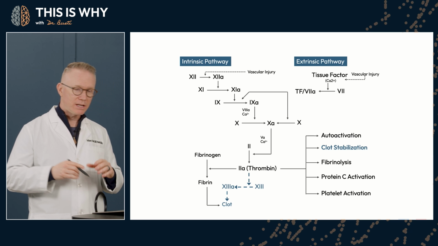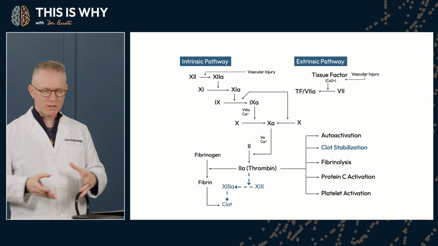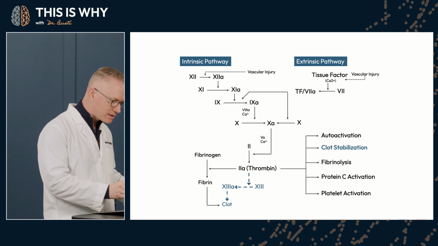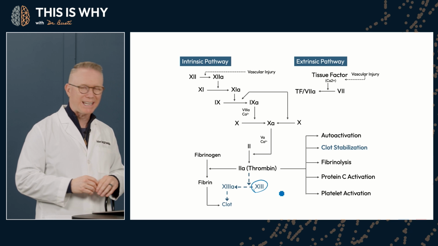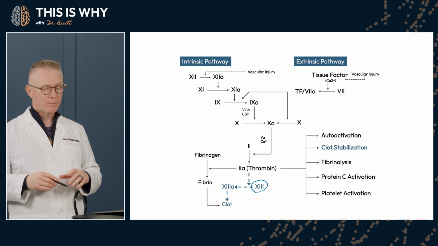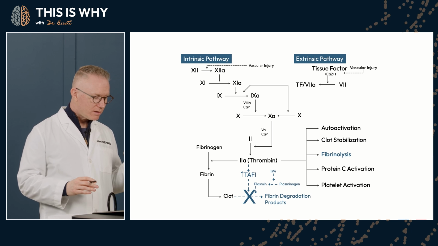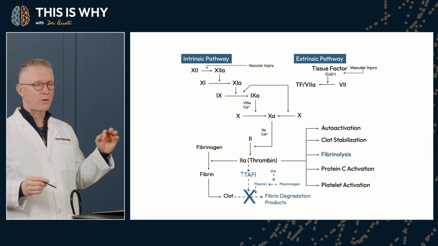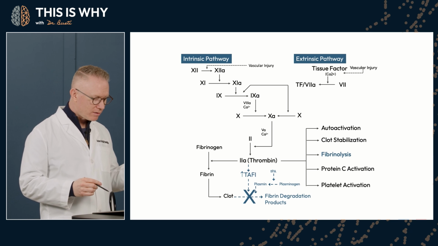Now, what about its stabilization? So we've grown it, now we're stabilizing it. So thrombin's going to protect itself, and it does that through a conversion of factor 13, okay? Makes it active, and that protects it from the clot. It also prevents it from being broken down, okay? That's TAFI, all right?